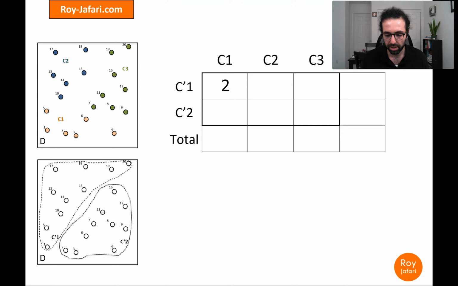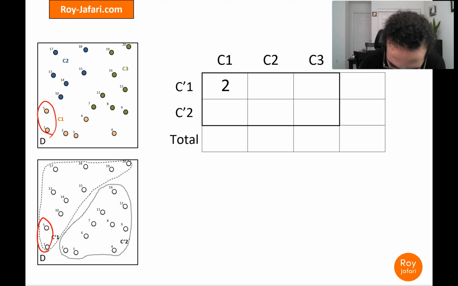So for example, here we've got two data objects that are under C'1 and under C1. So let's find those two data objects. I believe they are these two, right? So these are those two data objects.